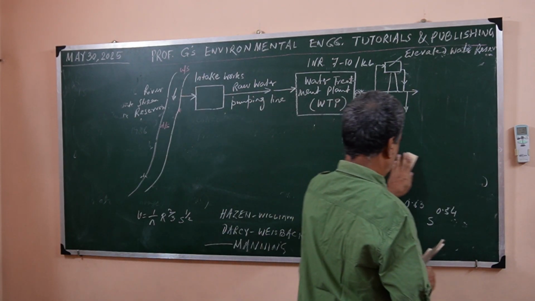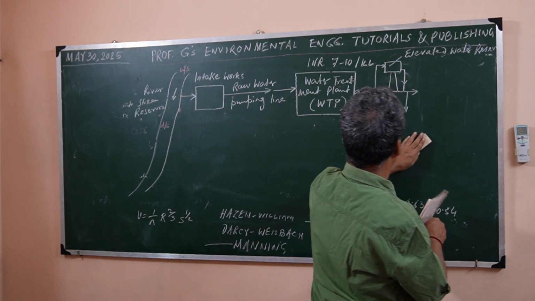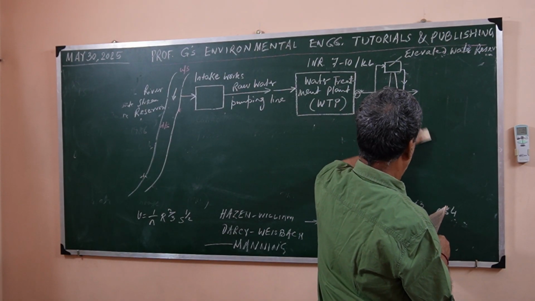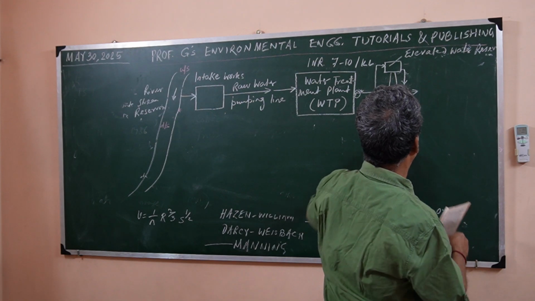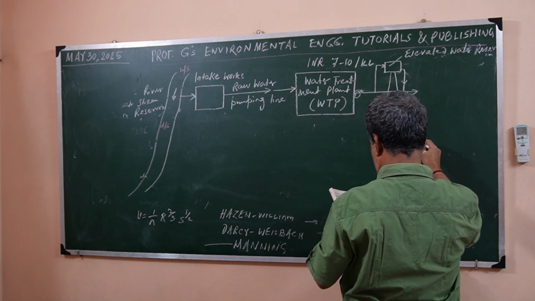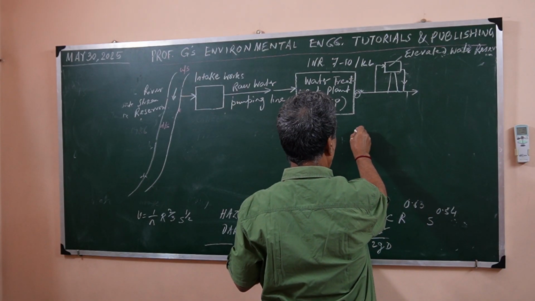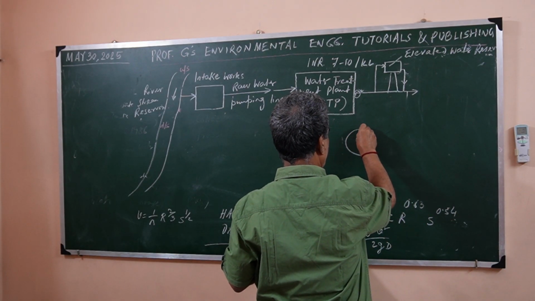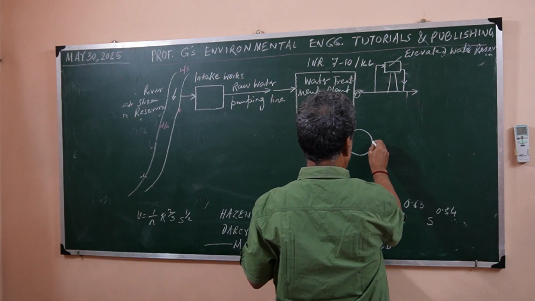Now let me erase this part also. I'll come back here, so that's why I'm not rubbing it out. As you see, suppose this is the overhead tank, this is the plan.